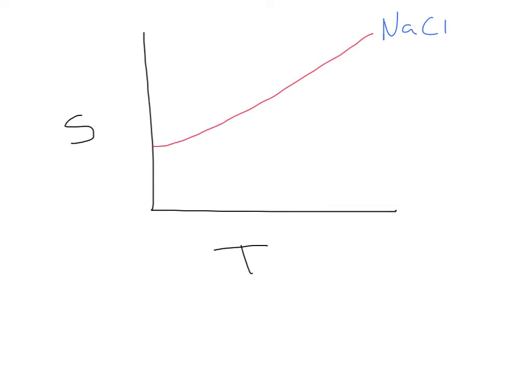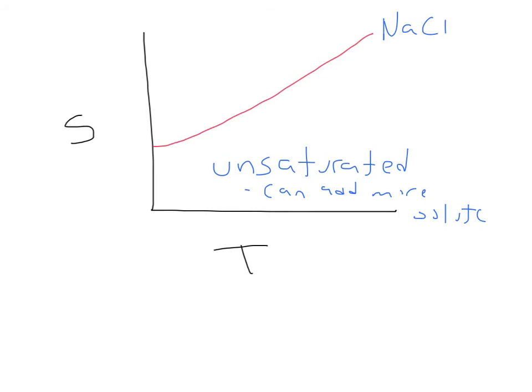If we dissolve an amount of salt at a given temperature that is less than that line, so if we're underneath the line, that's unsaturated. That means there's room at that temperature for that solvent to hold more solute. You could go up higher and add more solute. There's room to dissolve more at that temperature, anywhere under that line.